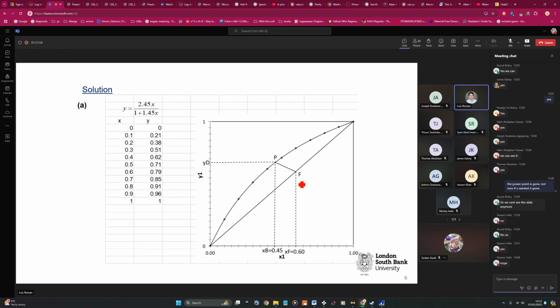So for this problem, we know the value of the feed composition, and we also know the value of the liquid phase composition leaving the flash is 0.45. So because it's in equilibrium, that point is obviously on the equilibrium curve. So the question is about finding the vapor phase composition and the fraction of feed that was vaporized.